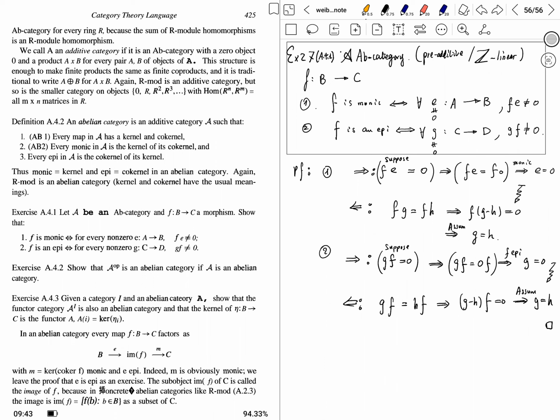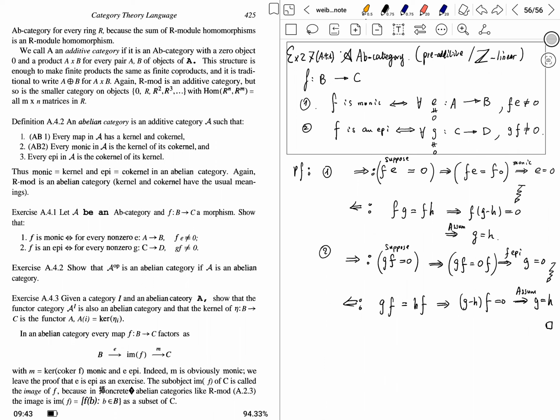Recall this means the hom set is a group, and moreover the composition of homomorphisms satisfies certain rules compatible with the group structure of the hom set, which means if you have J composed with H1 plus H2, it equals J composed with H1 plus J composed with H2, and the addition is the addition structure of the abelian group hom set.